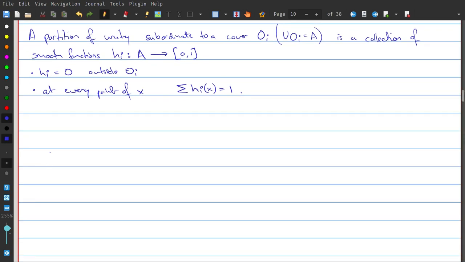And why does that help? It means that any function f on A can be written as 1 times f, obviously, which means it can be written as a sum of f h_i. So every function f is equal to the sum of f times h_i.